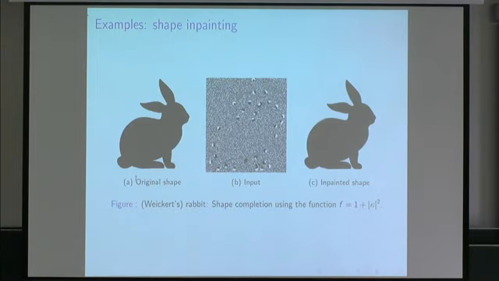And by only these few points, you can reconstruct the initial shape. This is with the elastica. So that's a nice justification of the use of the elastica for simple rabbit shapes.